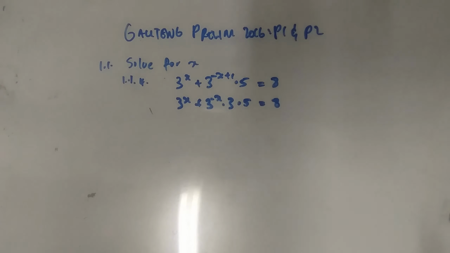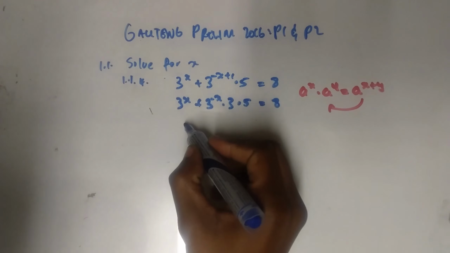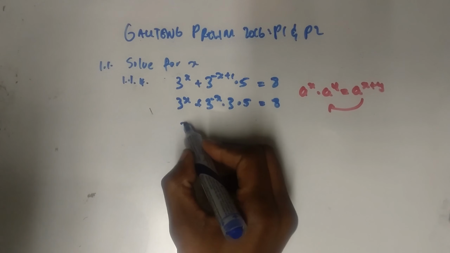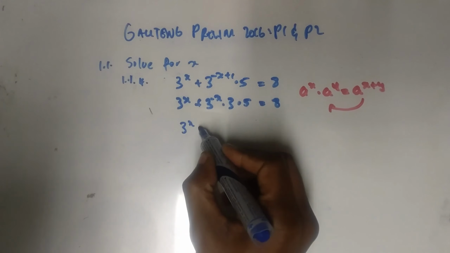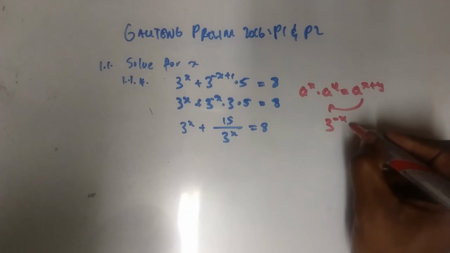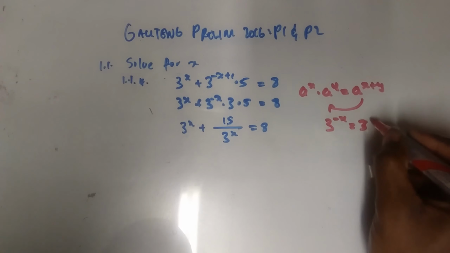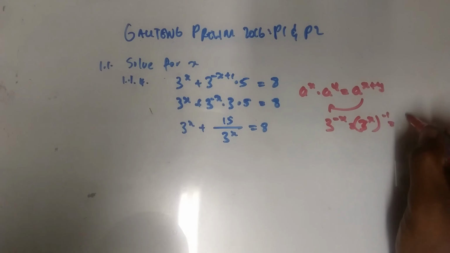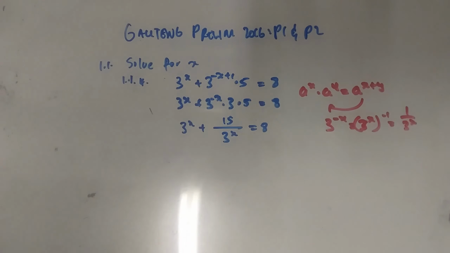Here what you're going to have is 3 to the x plus 3 times 5, which is 15, divided by 3 to the x, is equal to 8, because 3 to the negative x can be written as 3 to the x times negative 1, which is just 1 over 3 to the x. So I just used this idea here.